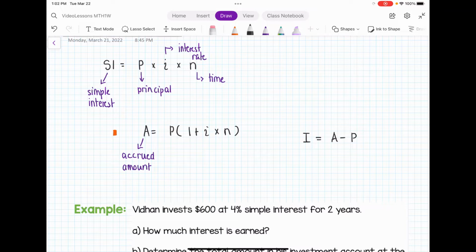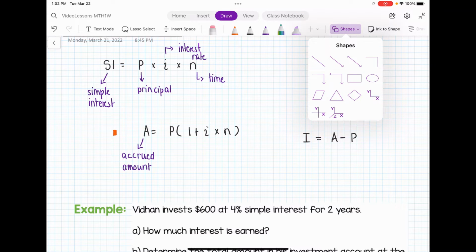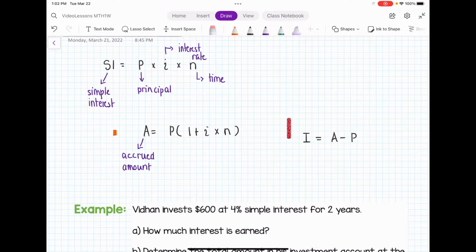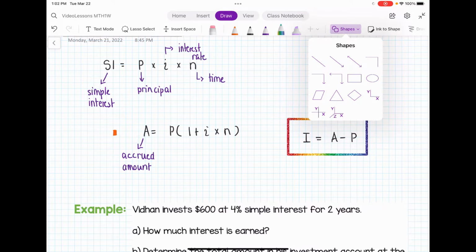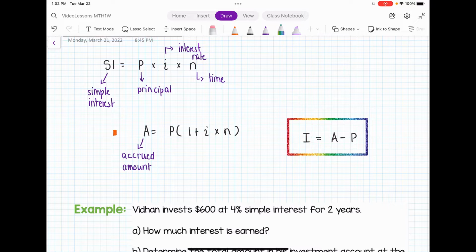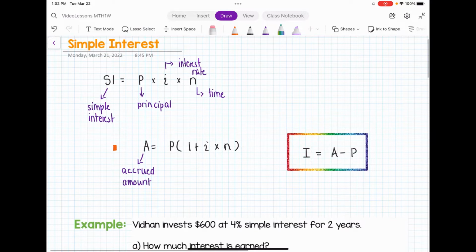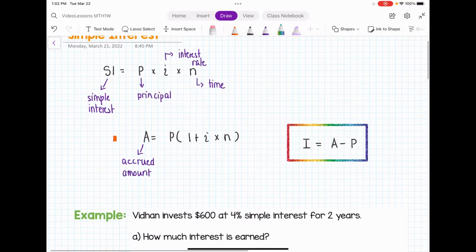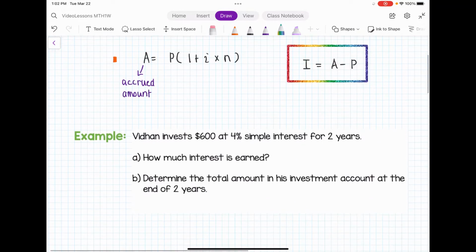And this formula I'm showing you here because when we get to compound interest, this is the only way to find what the amount of interest is, because there is no shortcut formula for compound interest to find the amount of interest. We have to do I equals A minus P. So the two there at the bottom, these are the ones I prefer to use, but we can use the simple interest formula if we just want to find the amount of interest.